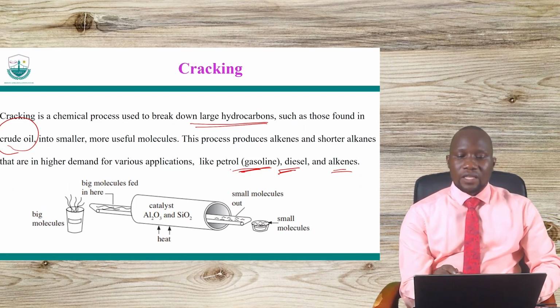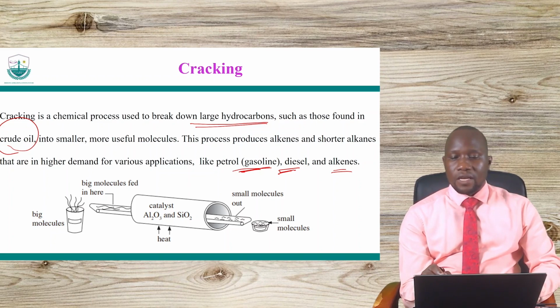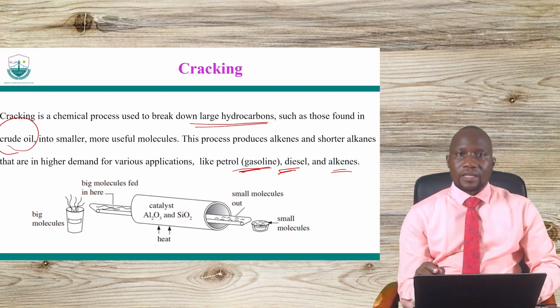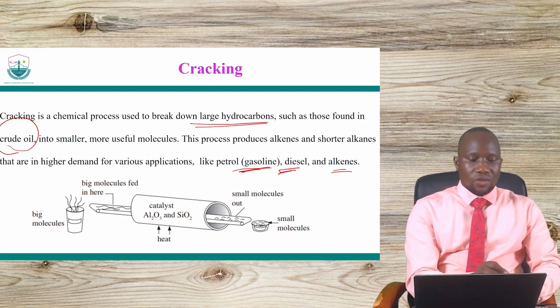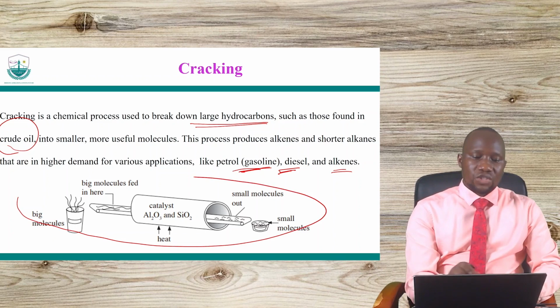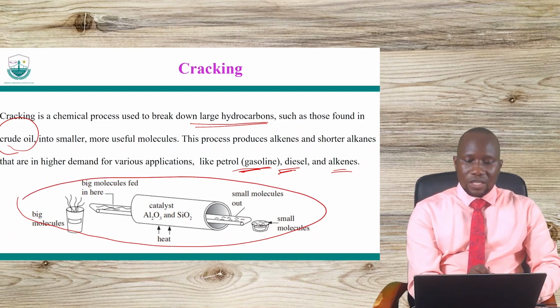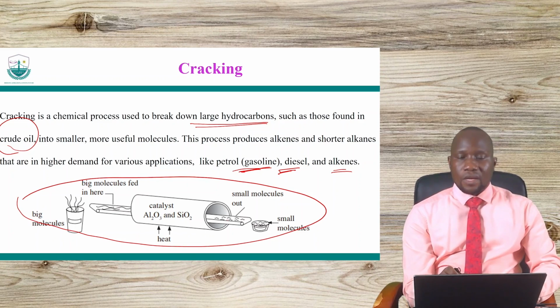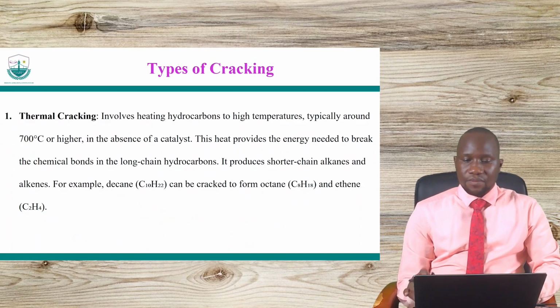That is where we get petrol, gasoline, diesel, and some alkenes. So this is basically a simple representation of what really happens. You have larger molecules that you feed into the machine, and then you have smaller molecules at the end.